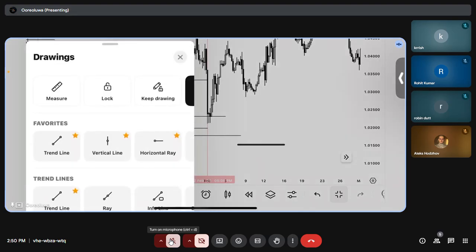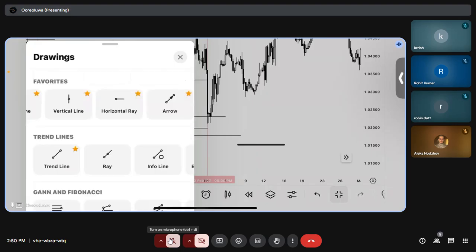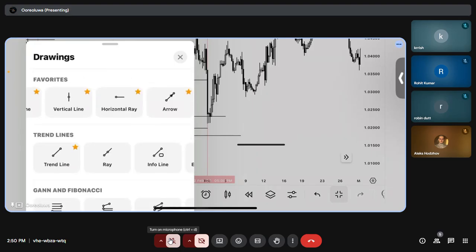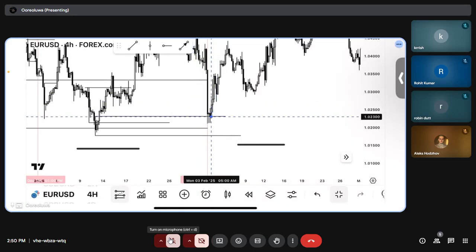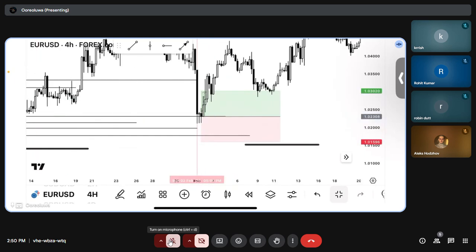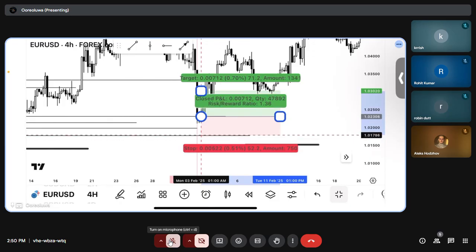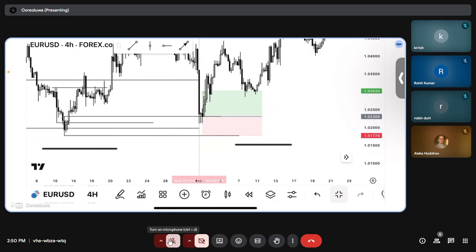Let me just draw it out. Let's see how many weeks to reward. So let me say you reach $1,000 from this point. This is the stop loss point.